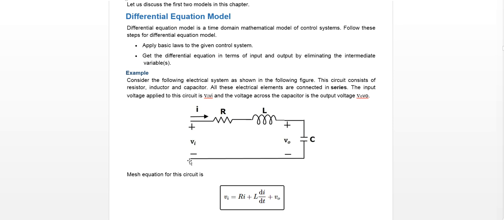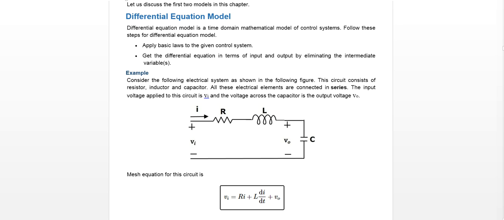So you have here an input VI, positive, negative. Then we have here current entering, which is I. Then we have here a resistor R, an inductor L, and a capacitor C. So this is a loop.